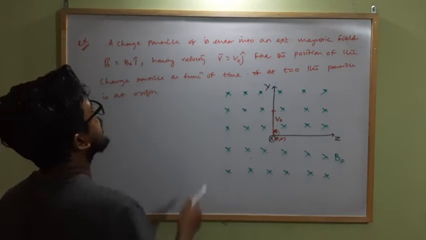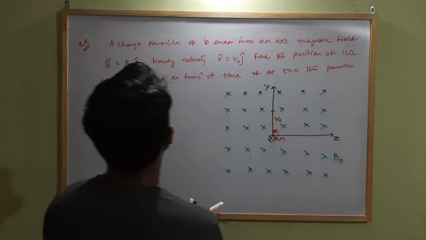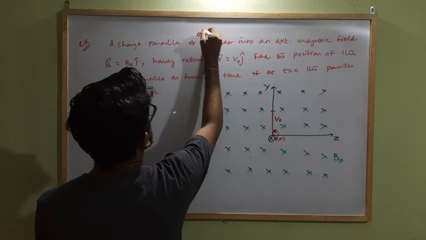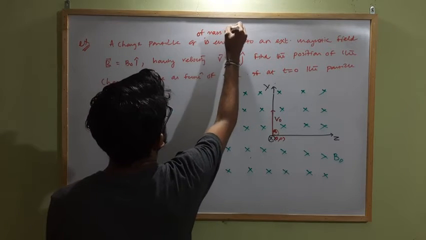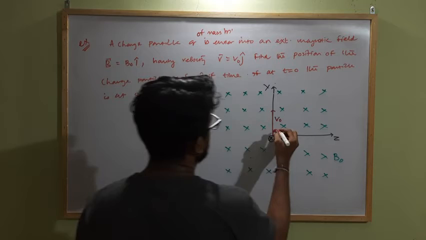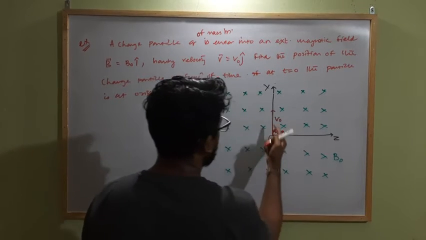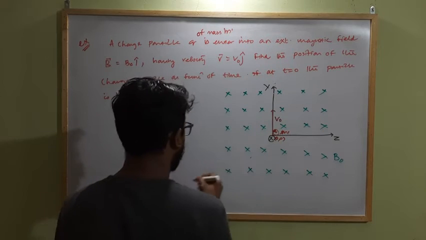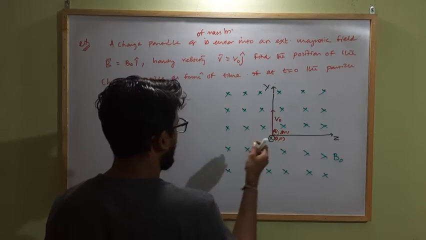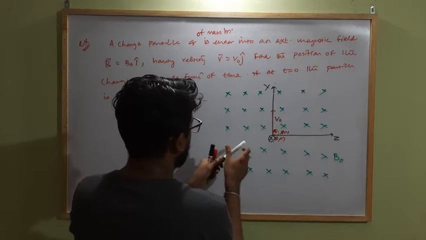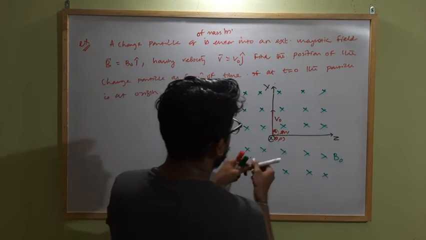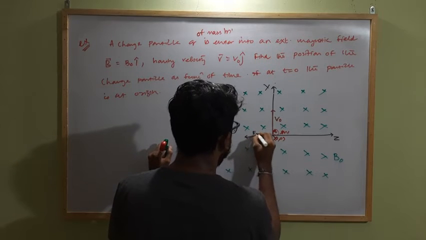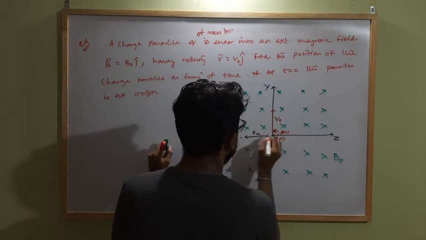So a charged particle q of mass m enters an external magnetic field B naught along the y-axis, and the field acts perpendicular to it toward the positive x-axis. So it will experience a force when entering the field, and the direction of force is always perpendicular to the velocity. That means the force Fm will act along the negative z-axis.